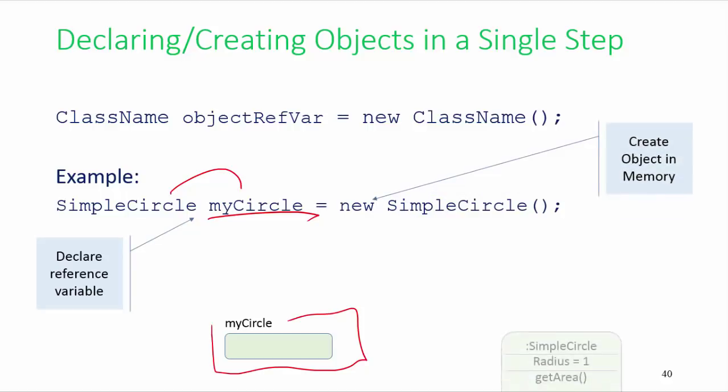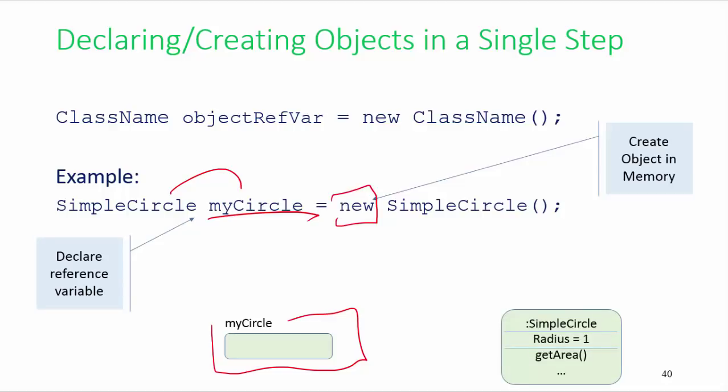Then the second step is you actually apply the new operator and call the constructor of the class, and you create an object of that class in memory. The no-arg constructor for SimpleCircle assigns value 1. So that is the object right here. This is the object that exists in memory.